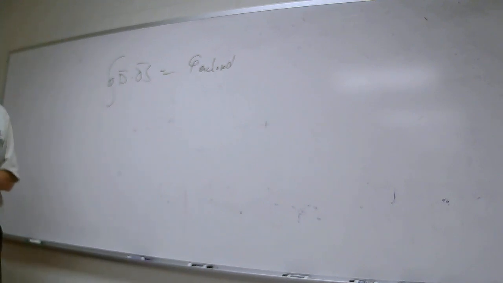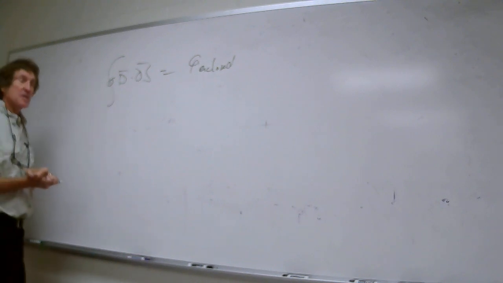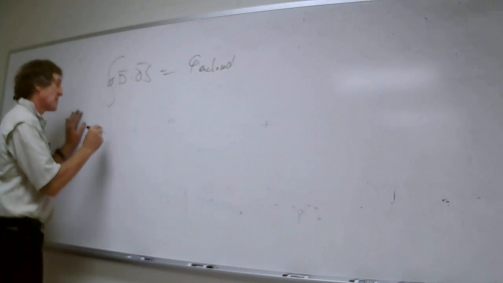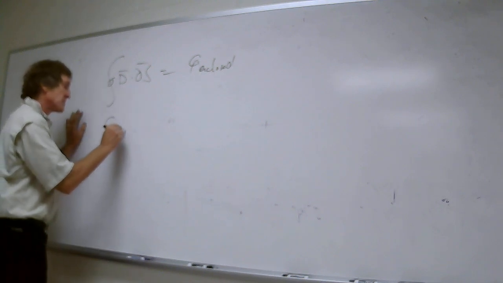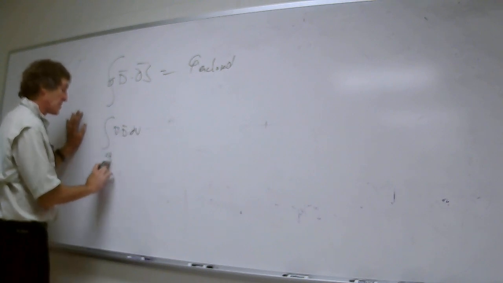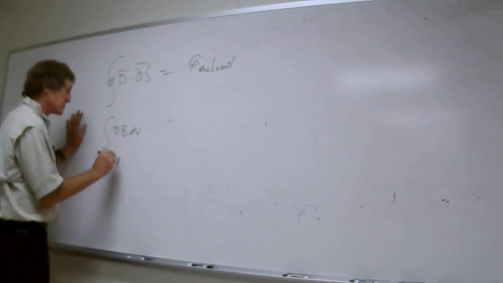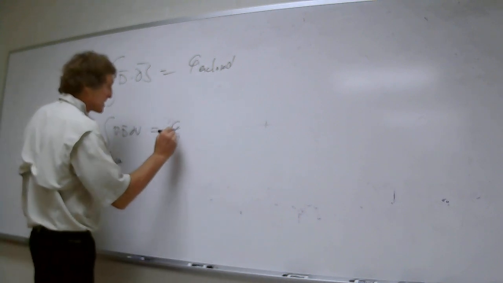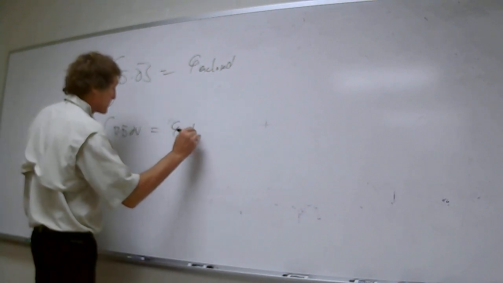If you use Stokes' theorem, do you know what Stokes' theorem is? You don't have to, but Stokes' theorem would say that if I take the integral of the divergence of D, dV, over the volume enclosed by that surface, I would also get the charge, Q enclosed.